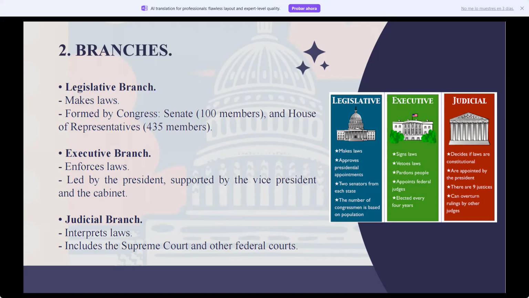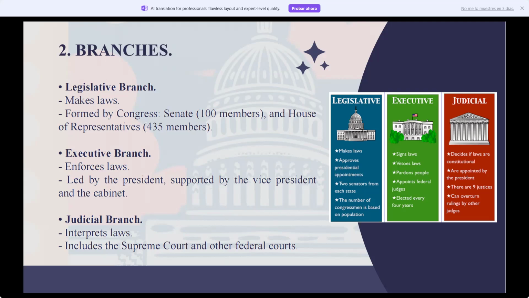As you can see in the picture that we have here, we can see other functions that they have. For example, the legislative makes laws, approves presidential appointments, two senators for each state. The number of congressmen is based on population.